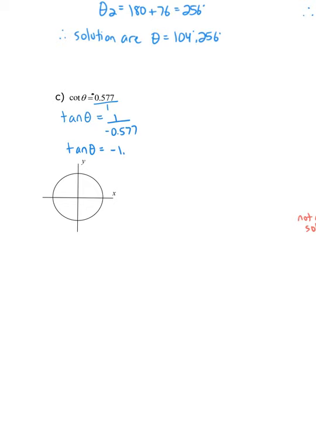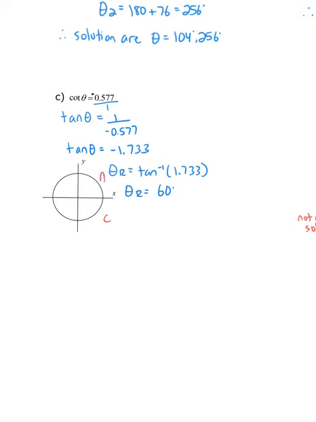It's negative 1.733. So now I'm going to use my calculator to find the reference angle. Again, I'm only going to put in the positive ratio into my calculator to find that acute reference angle. So that is around 60 degrees.